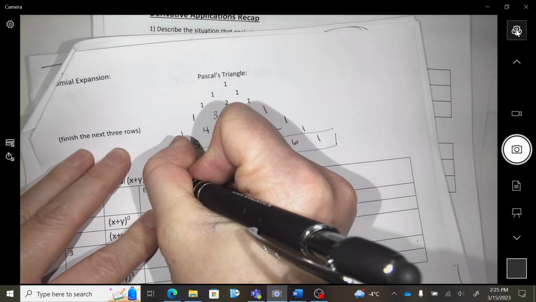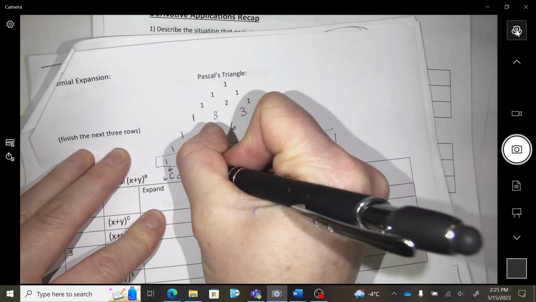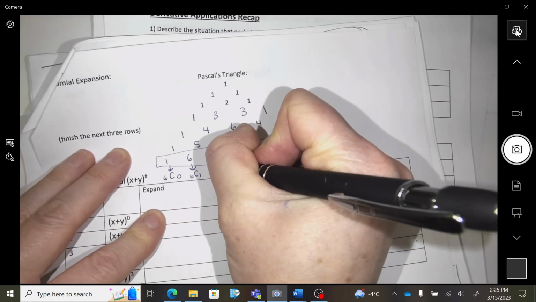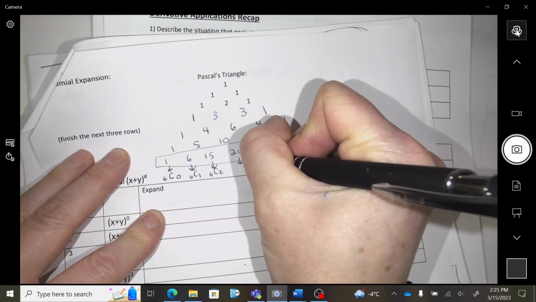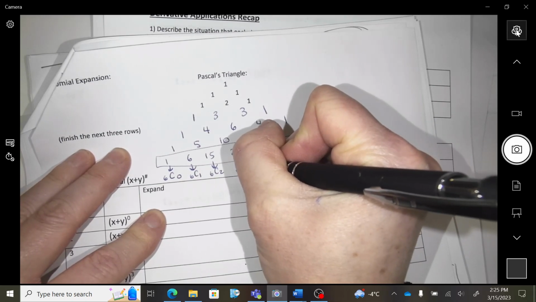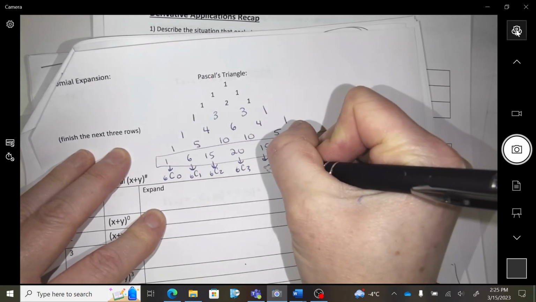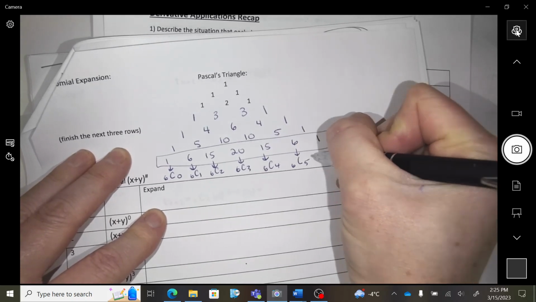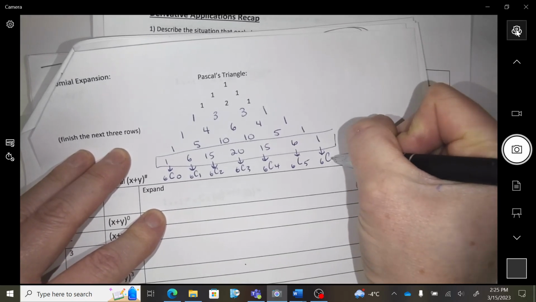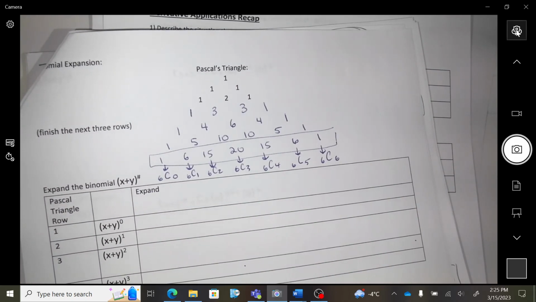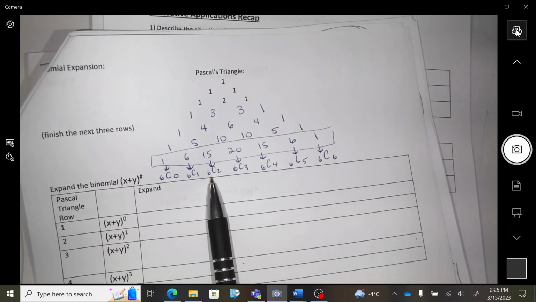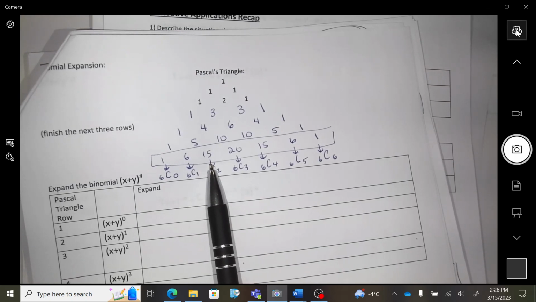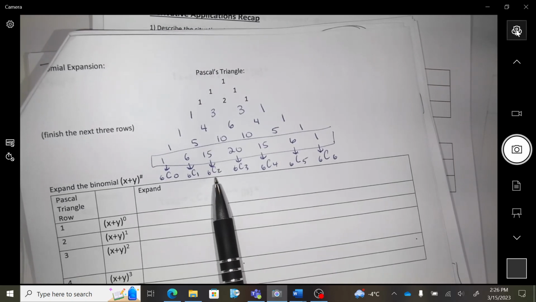In your calculator, if you do 6 choose 0, 6 choose 1, 6 choose 2, this would match 6 choose 3, 6 choose 4, 6 choose 5, and this would match 6 choose 6. Want to try one of them out? Try 6 choose 2 in your calculator to see if it does in fact equal 15.